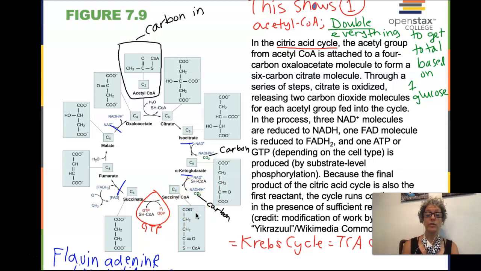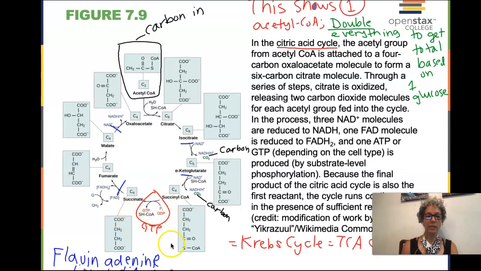At the bottom of this circle is where we are generating energy. And it shows a GDP, standing for guanosine diphosphate, and a phosphate, making GTP, guanosine triphosphate. Energetically, this is the equivalent to ATP, and the guanosine will be replaced with an adenine, and it will make ATP.